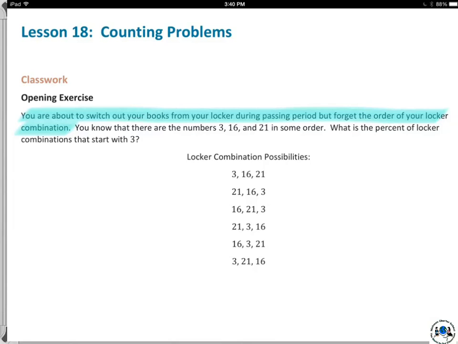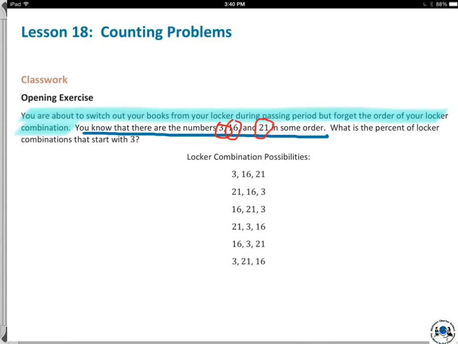So you know that there are the numbers 3, 16, and 21 in some order. Here's the question. What is the percent of the locker combinations that start with 3? In this case, they've listed those locker combination possibilities. There they are. I'm going to pause.